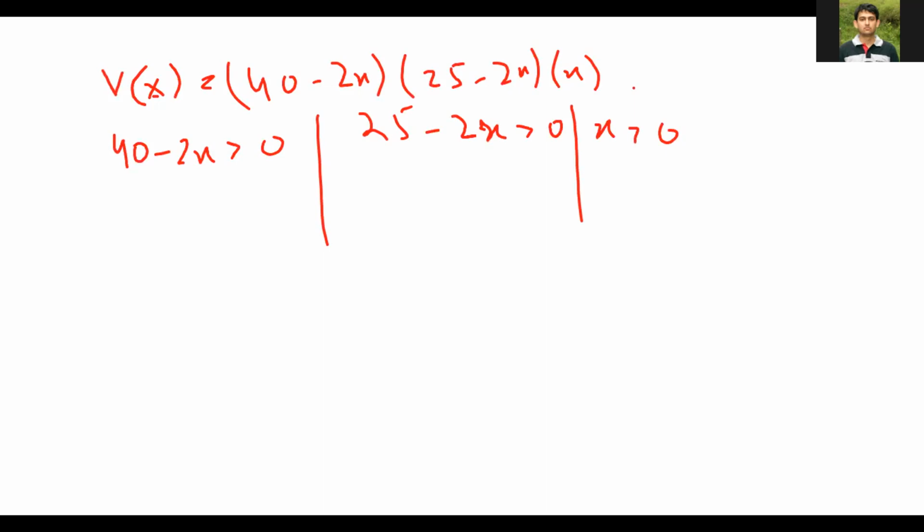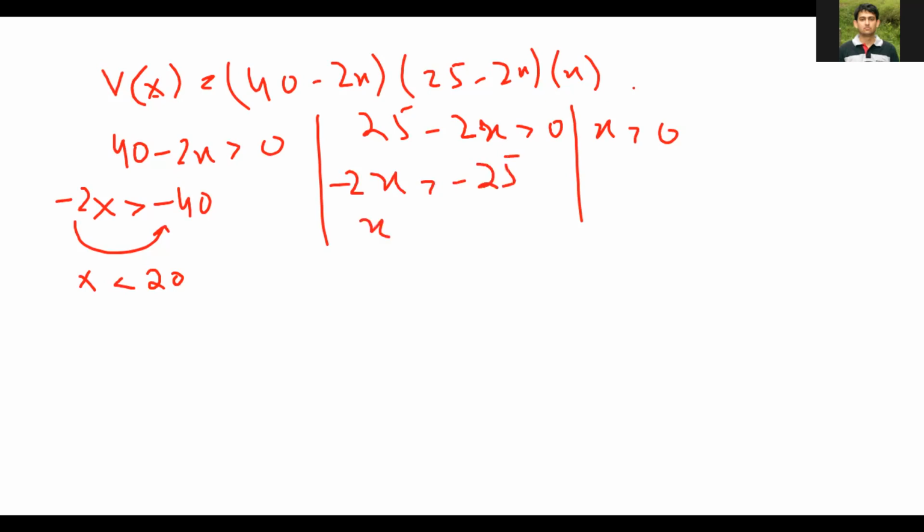We know the property of inequality. When we move the negative sign, like minus 2x is greater than minus 40, we reverse the inequality sign as well. So this is x is less than 20. This one is minus 2x is greater than minus 25. Again, when I move this negative sign to the other side, it switches the sign of inequality, which gives x less than 12.5.